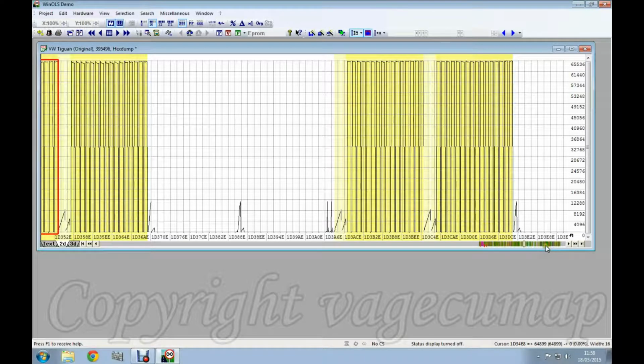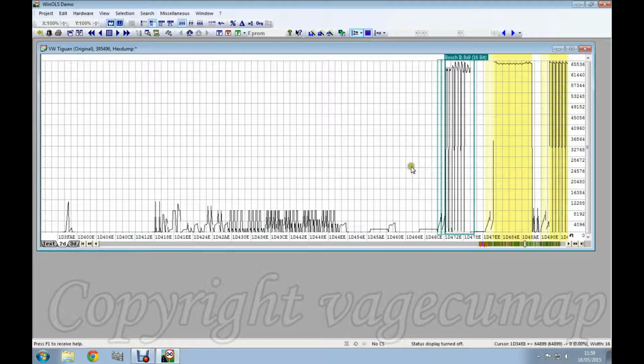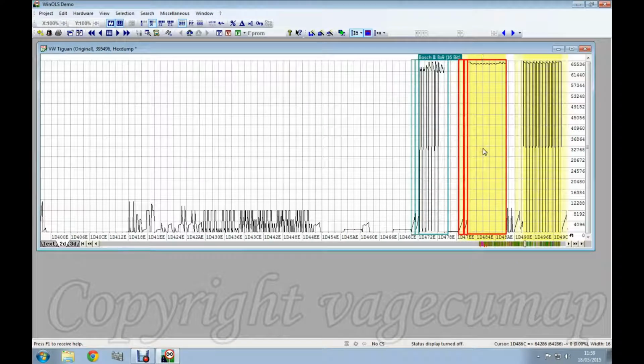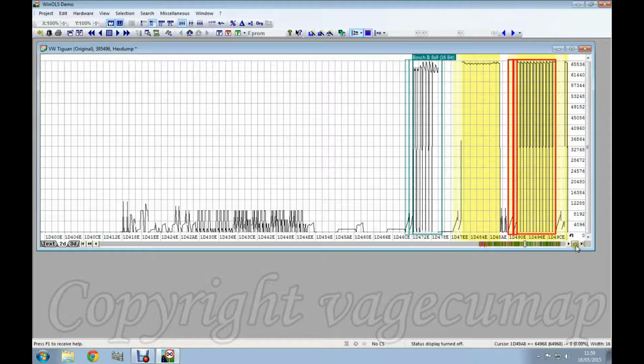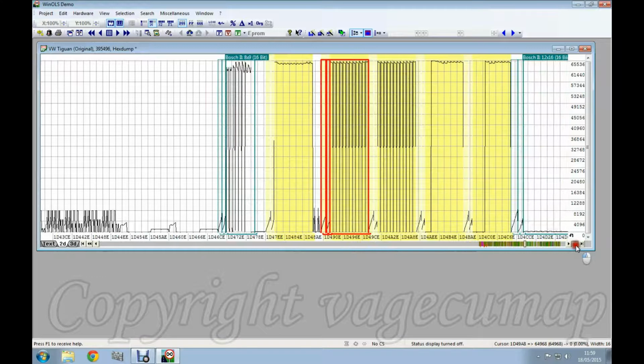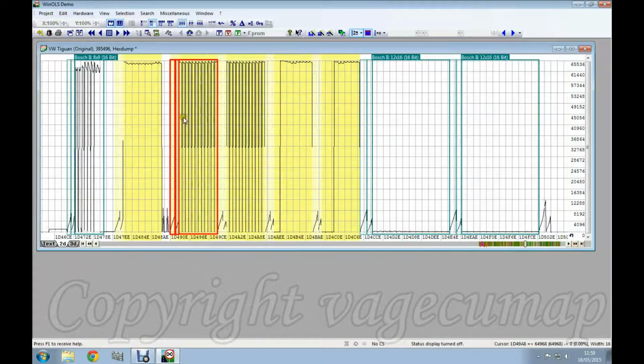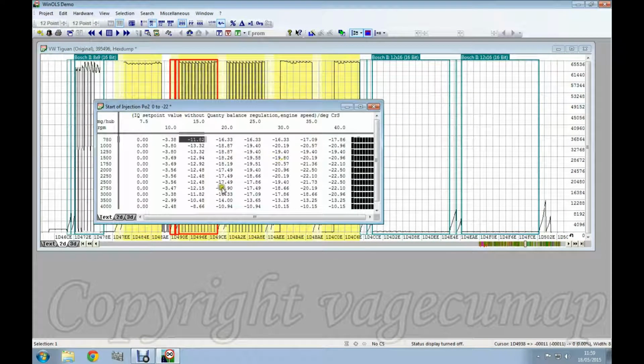If we go any further on, we will see more maps that are almost certainly related to the same thing. So if we look at these, they may well be a similar sort of thing. 0 out to minus 20 degrees or so.